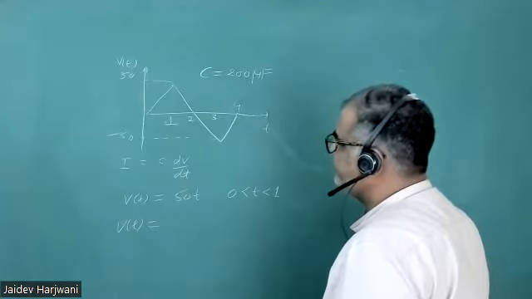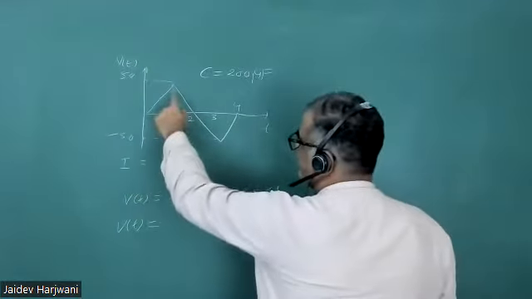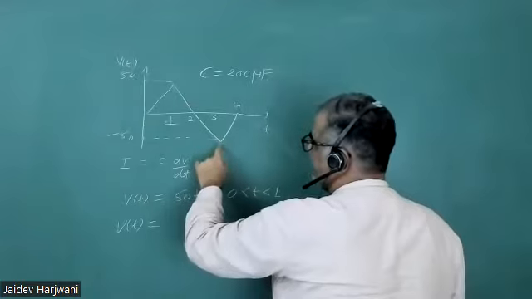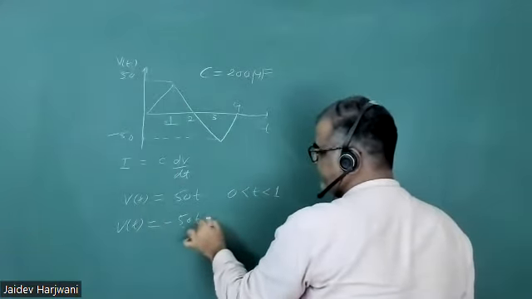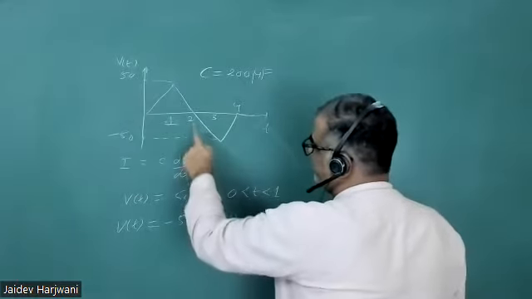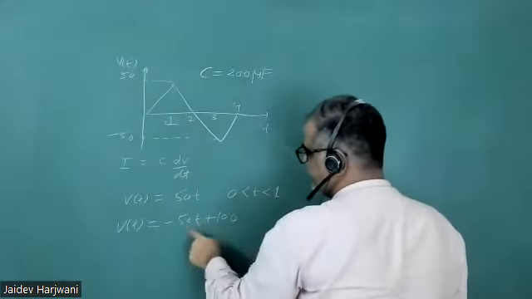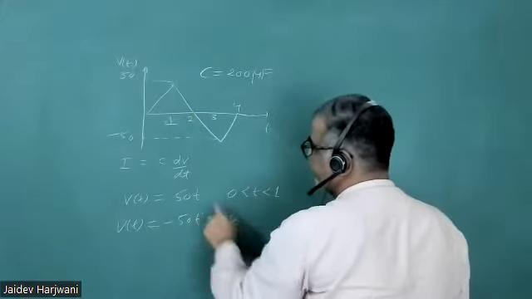It is still minus 50. So how do you know the slope is minus 50? Because we are going from 1 to 3, the difference is minus 100 over 2, so minus 50, plus 100. Now you can check here. If I put t equal to 2, then this should become 0. If I put t equal to 3, then it should go to minus 50.